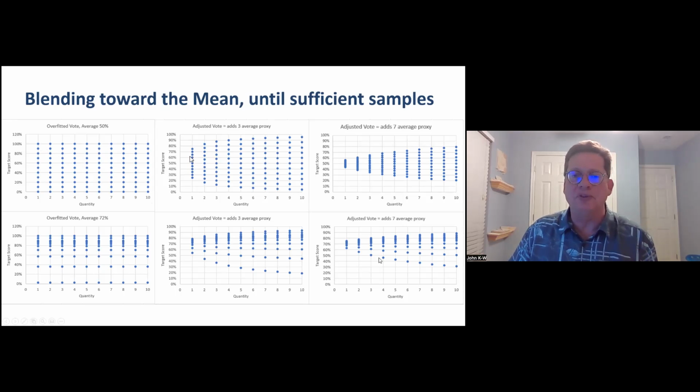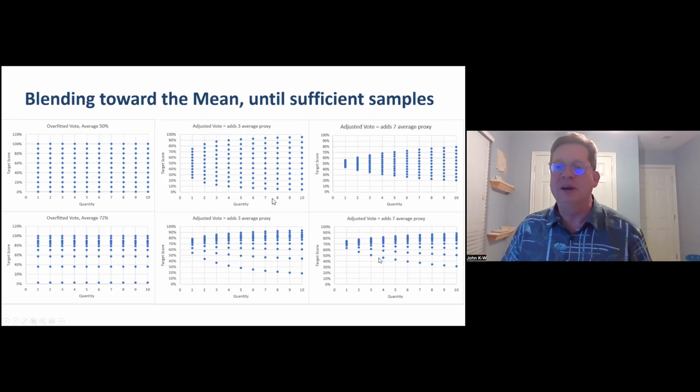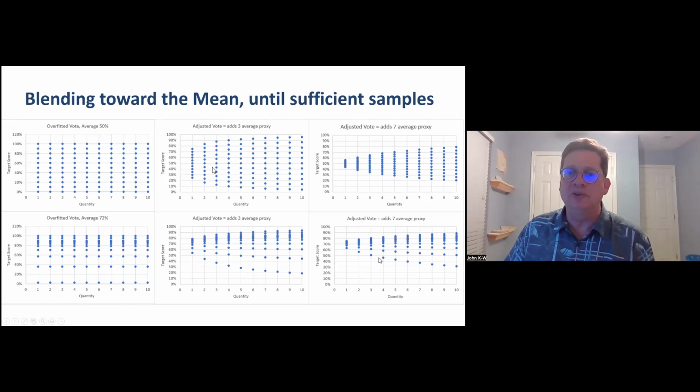We want to be able to shrink that number down, give it less weight if it has just one record representing it versus 10. And one method that we can use to do that shrinkage or blending is to add a vote to each of the different categories representing the mean.